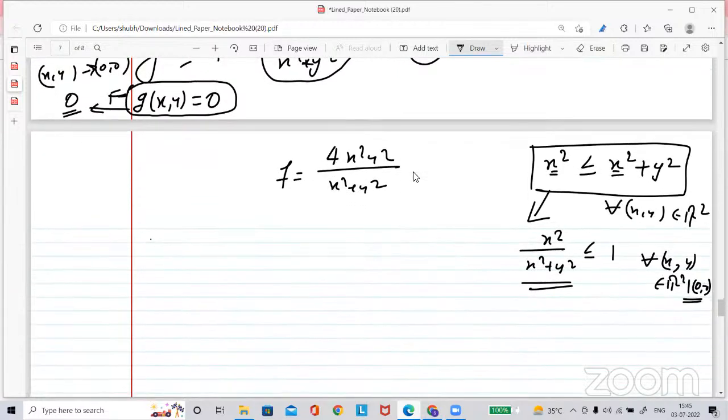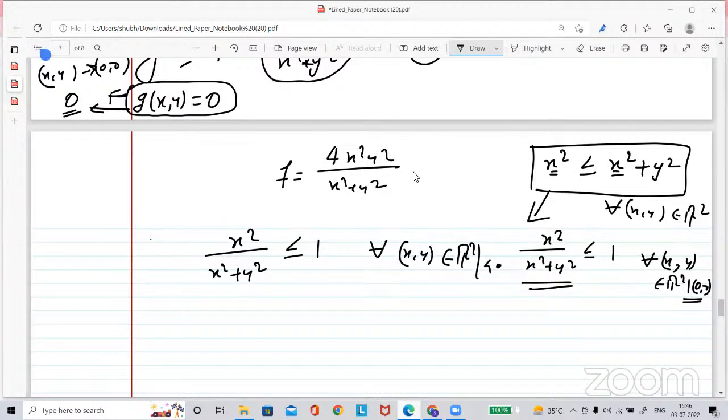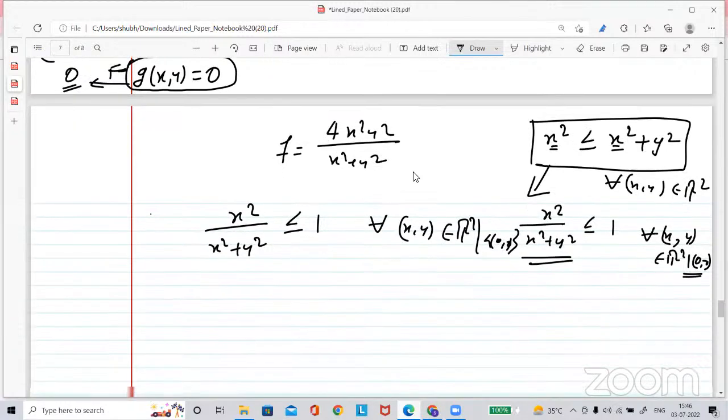Okay, so what can we do now? x square upon x square plus y square is less than 1 for all xy belonging to R2, removing only the 0, 0 vector.